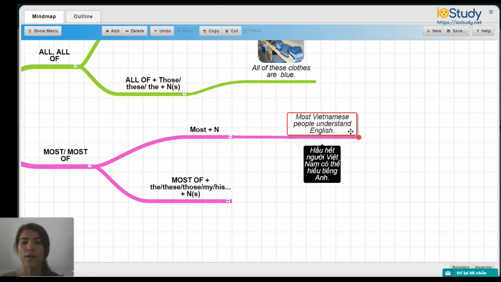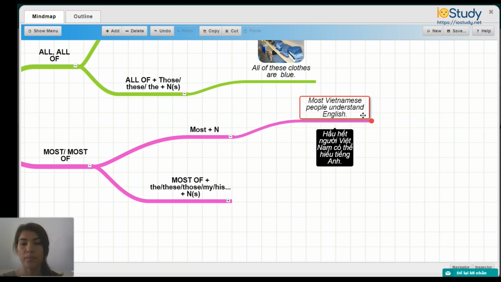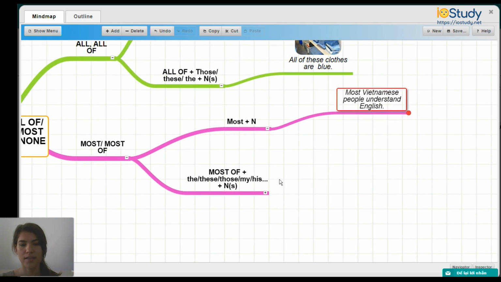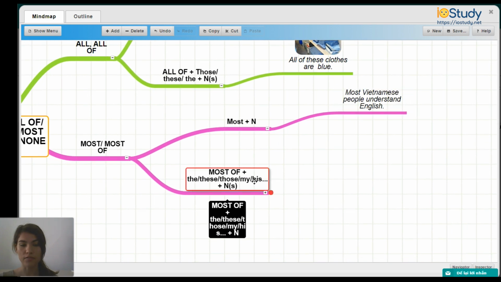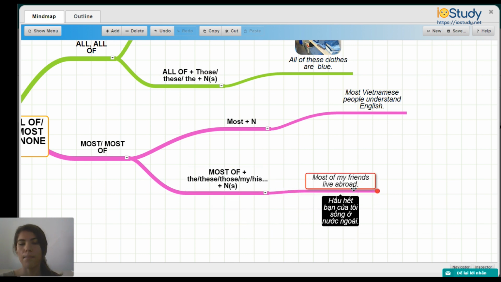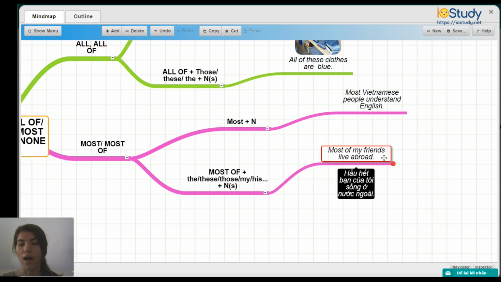For example, most Vietnamese people understand English. So here you can see we have most before a noun. And most of plus the, these, those, my, his, and a plural noun. Most of my friends live abroad. So here we are using most of.